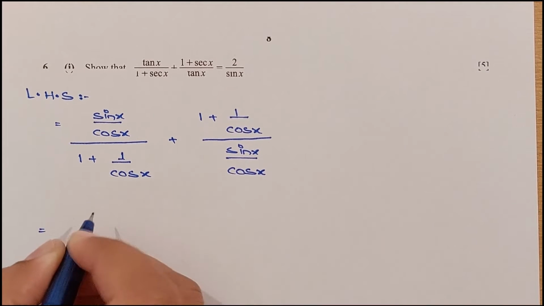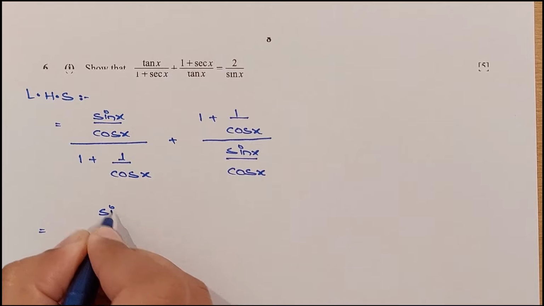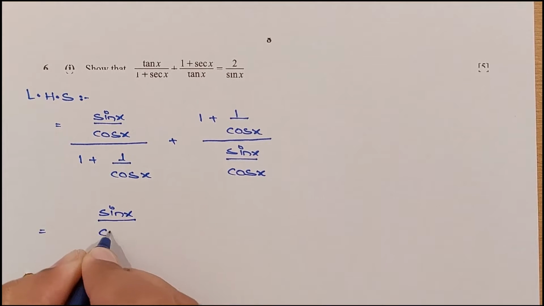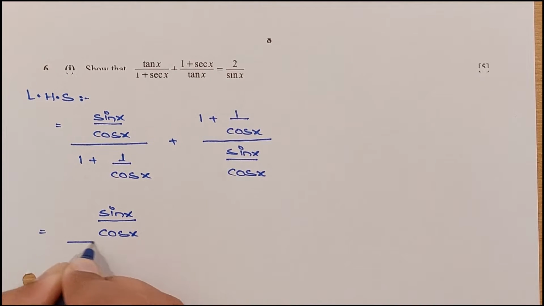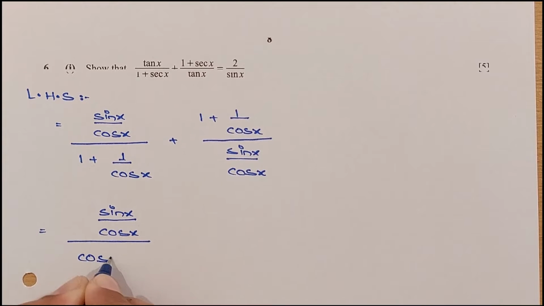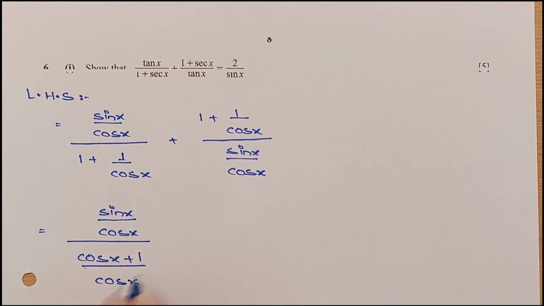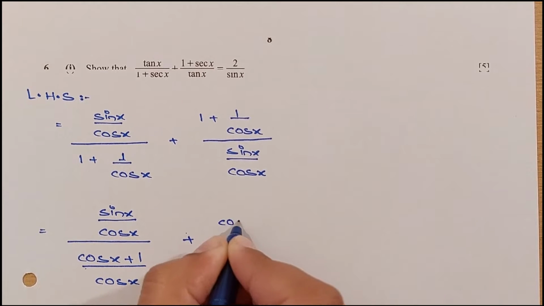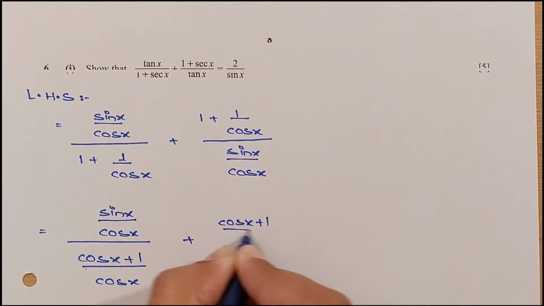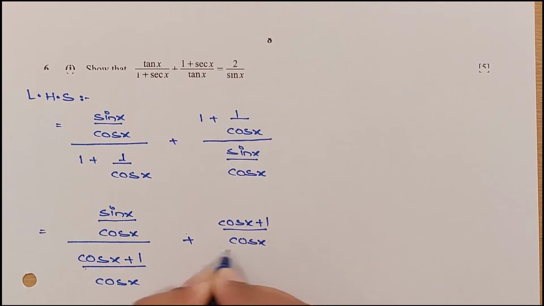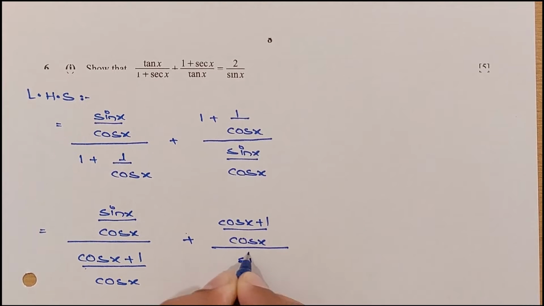Right. Okay, so here we have sine x over cos x, whole divided by (cos x plus 1) divided by cos x, plus (cos x plus 1) over cos x, and whole divided by sine x over cos x.